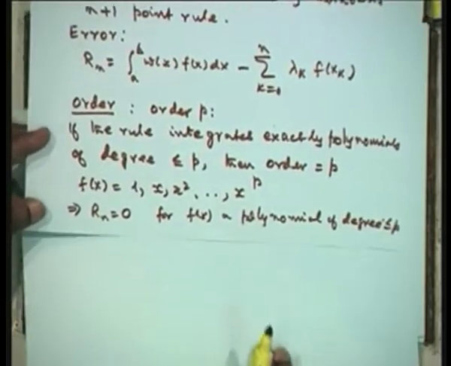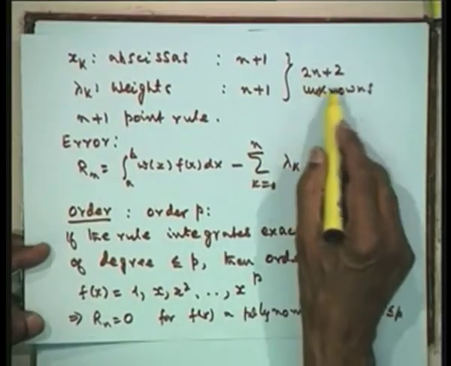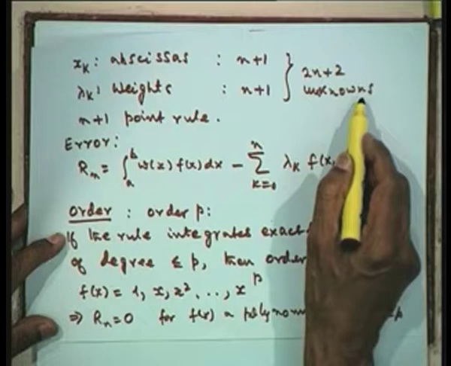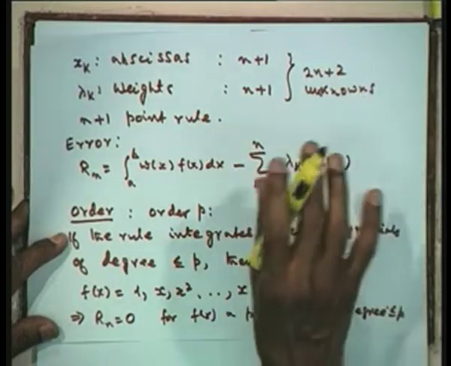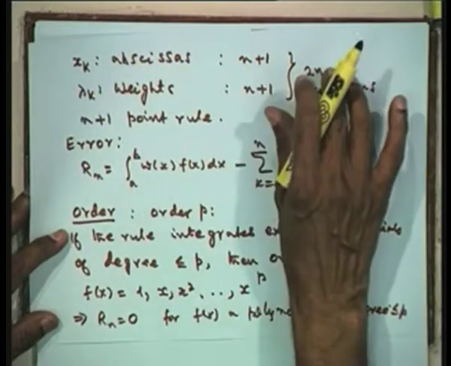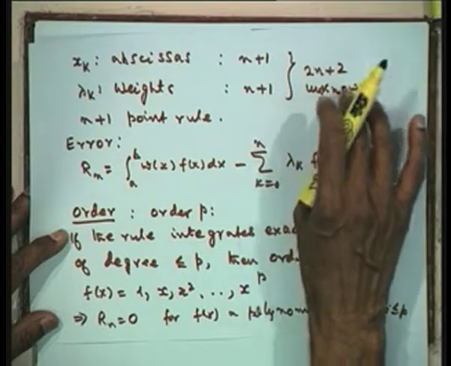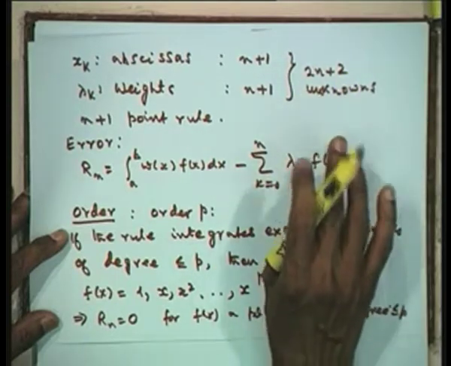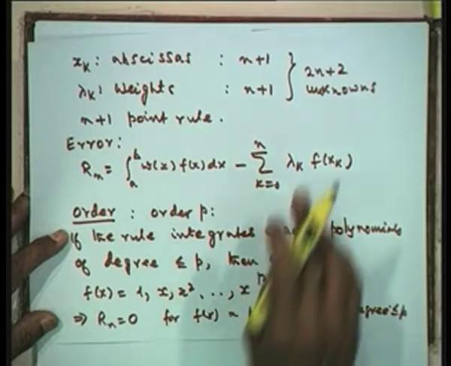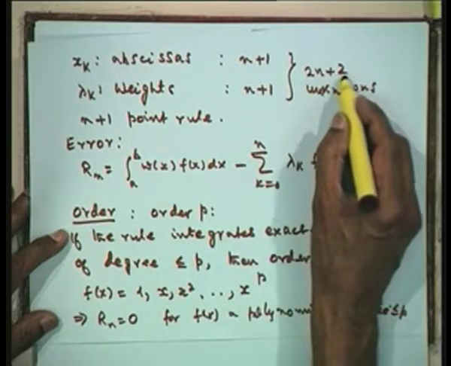Now, in the general case, we said that the formula has got 2n plus 2 unknowns, hence we can consider it as if it is data given to us at 2n plus 2 points. Therefore, we can find a formula which will have the order 2n plus 1.